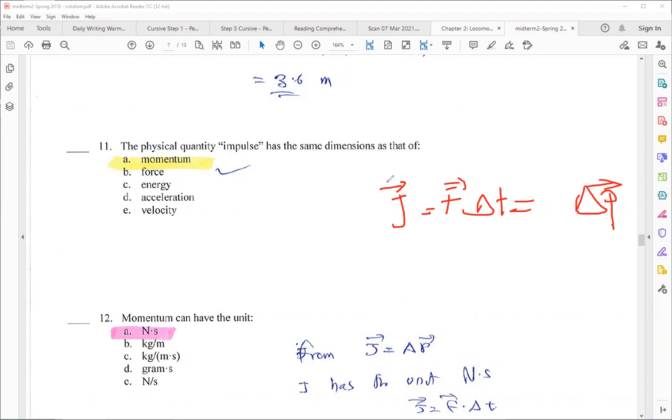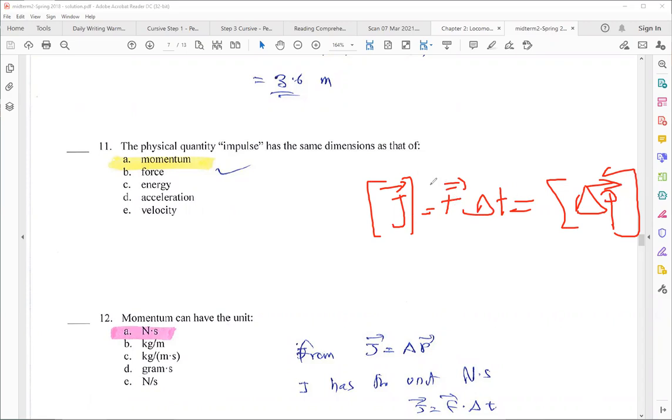So the dimension of impulse should be the same as the dimension of momentum. And question 12: momentum can have the unit of Newton seconds. And it's coming from the same formula.